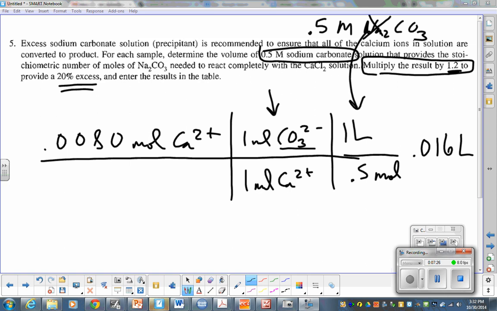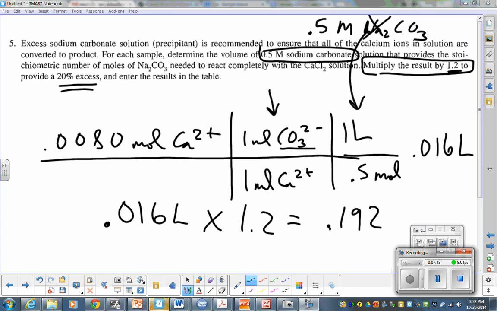But I want to make sure I definitely do it, so I'm going to multiply that by 1.2. So 0.016 liters times a factor of 1.2 gets me 0.0192 liters.